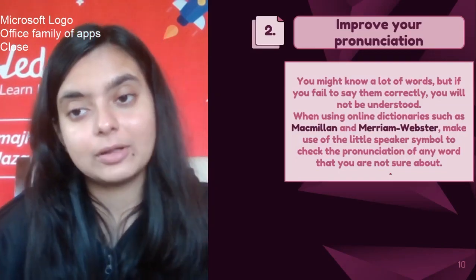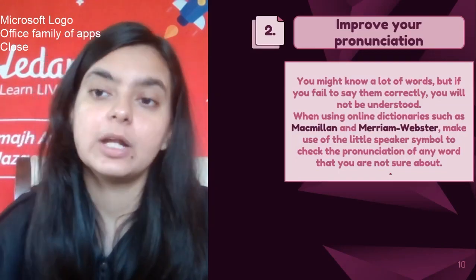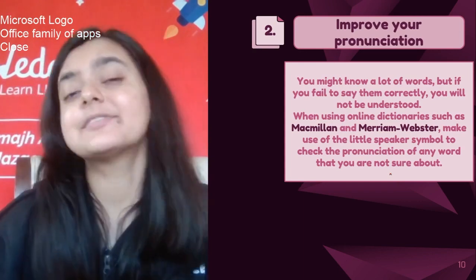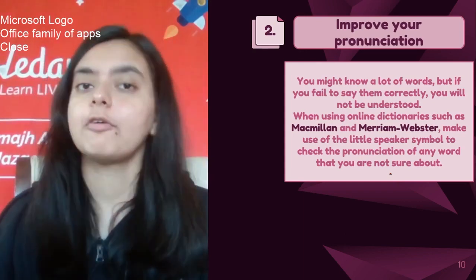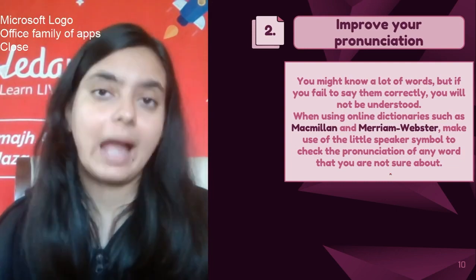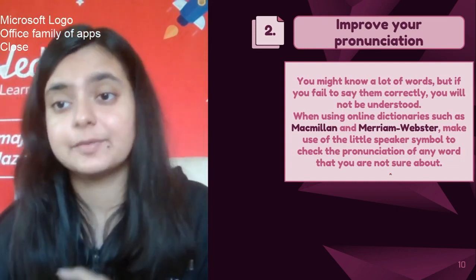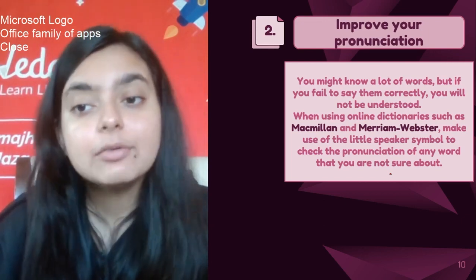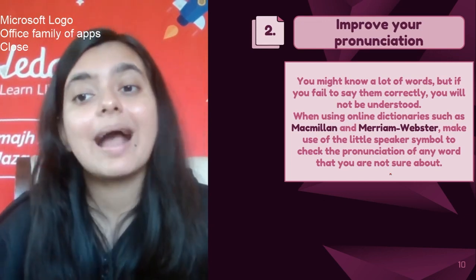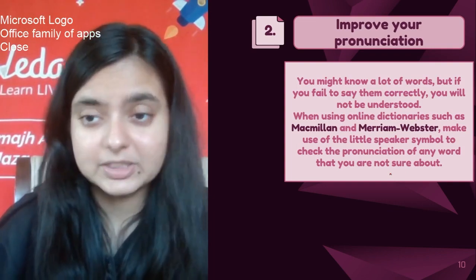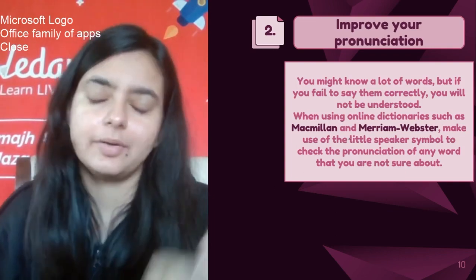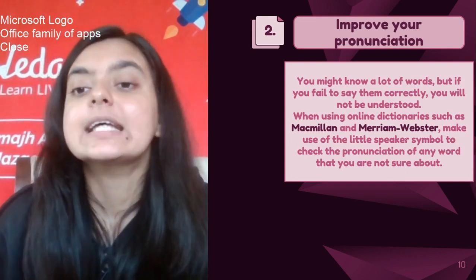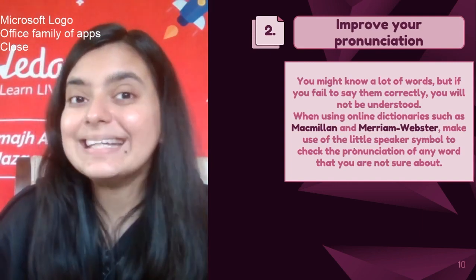The next very important tip is improving your pronunciation. Now, this is very important. You might know a lot of words, you might have an excellent vocabulary, but sometimes what happens is we fail to pronounce them correctly. Okay, so while using online dictionaries like Macmillan, Merriam-Webster, these are very, very good online dictionaries, you can use these dictionaries.